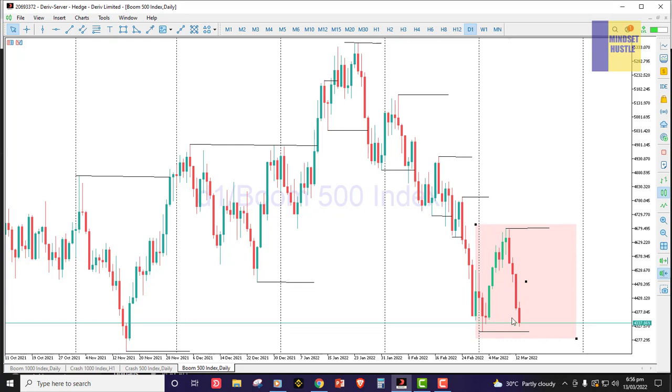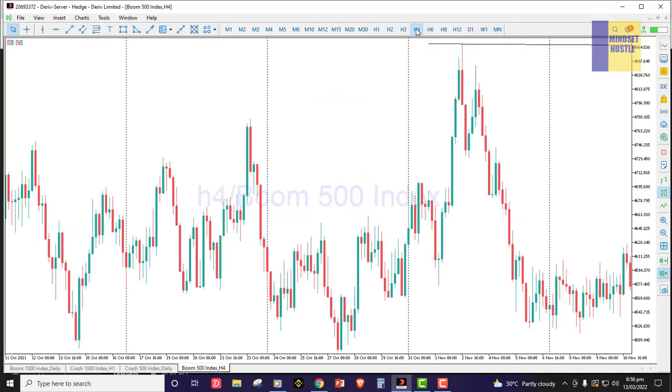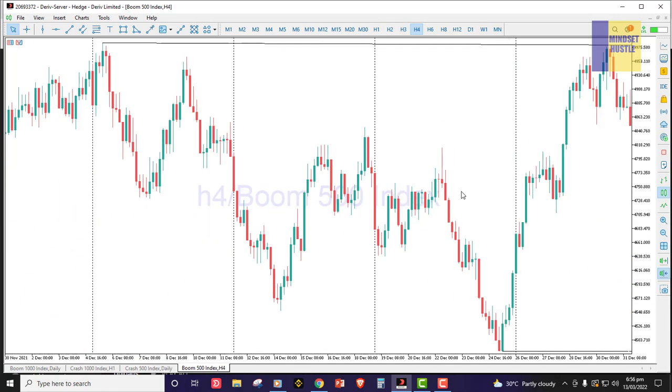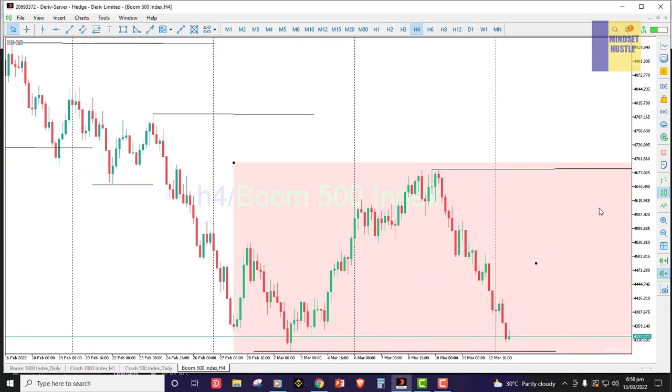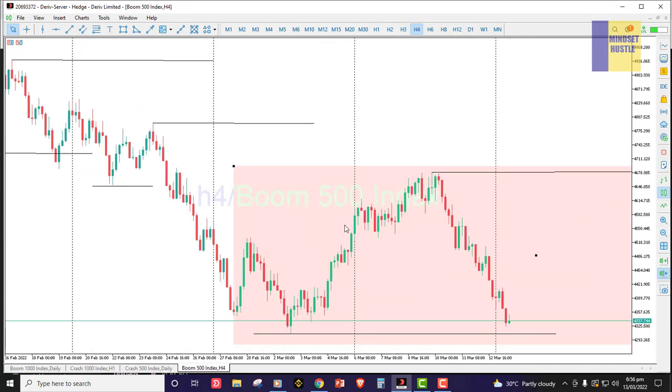So you go to H4 and see what type of structure is forming within this range. Let's quickly go to H4 and see. So in H4, this is what we are seeing in that area. Let me use my horizontal line to place it here, and delete this one.